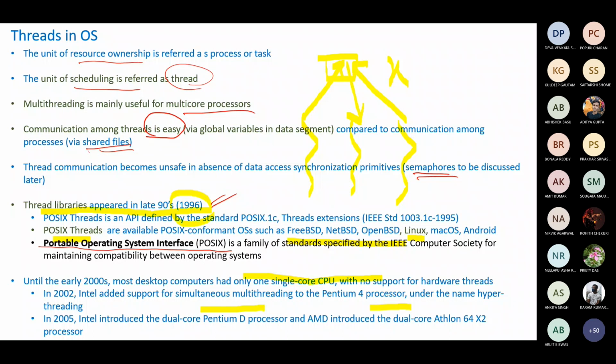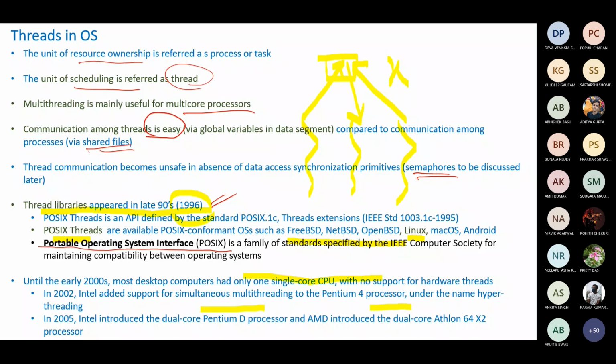And for threads, POSIX is not only meant for implementing a standard for threads; it is for implementing a standard for semaphores, for interprocess communication and everything. So it was nice that the thread library was standardized right from the beginning.